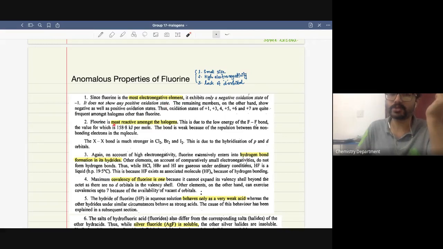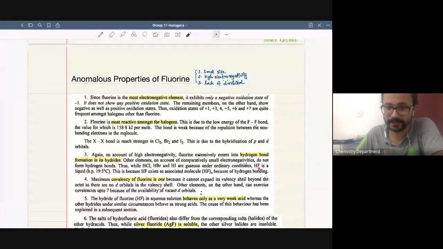Now, fluorine is the most reactive among the halogens, as we already discussed, because F2 has the weakest bond, so it is easily cleavable and therefore more prone to be reactive. Another important thing is that because of the high electronegativity of fluorine, it forms hydrogen bonds, which you will find in HF, and that is the reason it shows a higher boiling point as well.